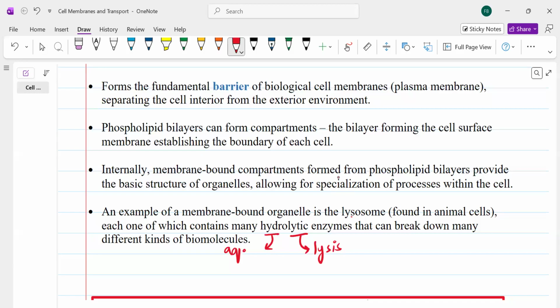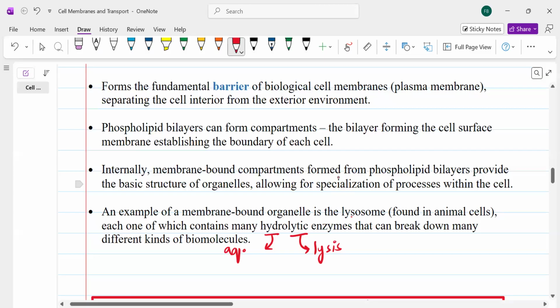So the lysosomes have hydrolytic enzymes and they break down different kinds of biomolecules as well. And why is there a need to break down biomolecules? For example, you have a carbohydrate and you get glucose from the carbohydrate.